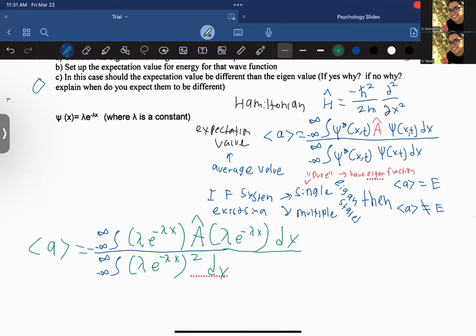Okay. So I am gonna write the wave function twice just to be safe on both sides.